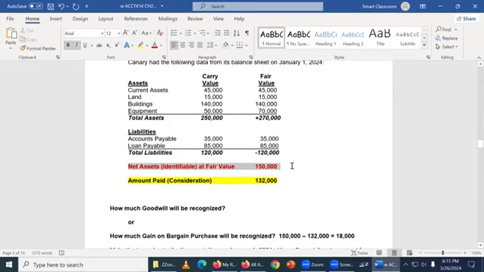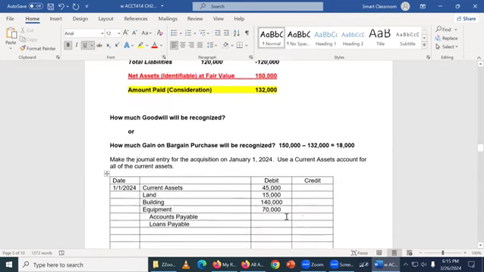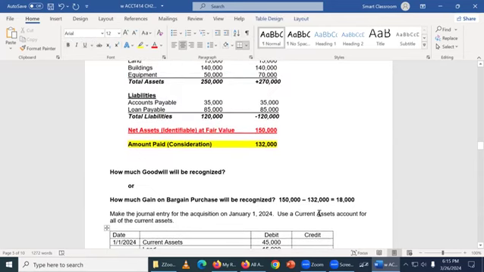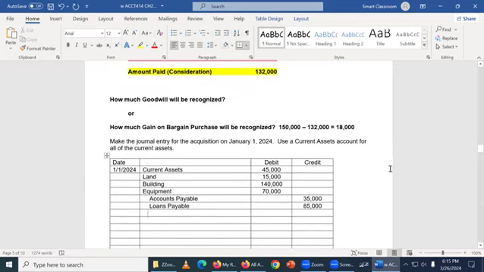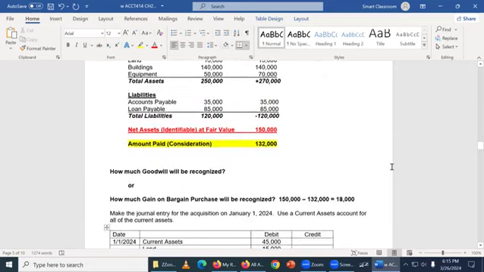I think it's 150, right? So this is what the net, the identifiable assets are at fair value. And we only paid 132, so the difference between those two is 18. So this would be 35,000, 85,000. And let's see, so we paid out, was this cash? Cash.